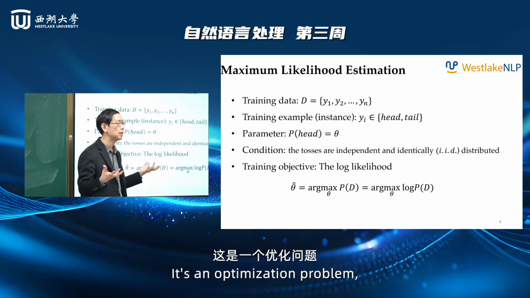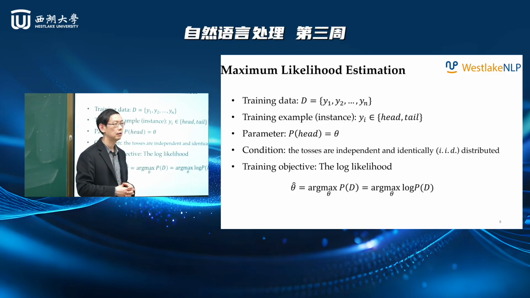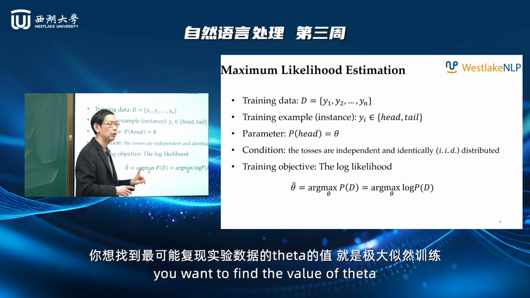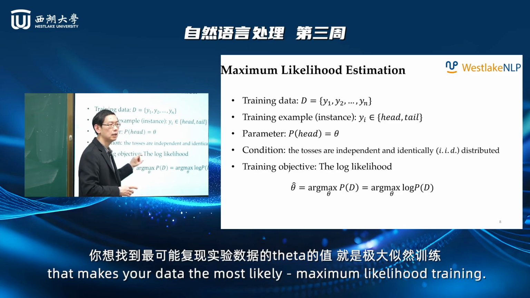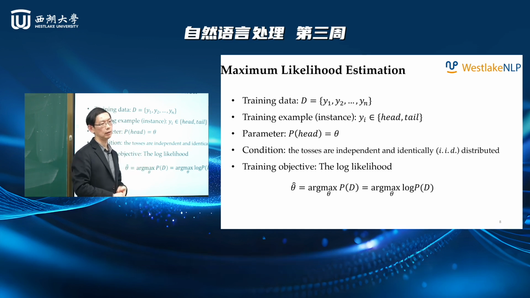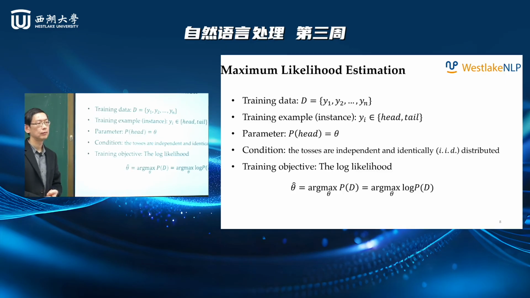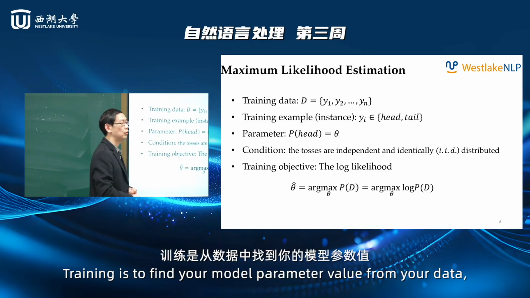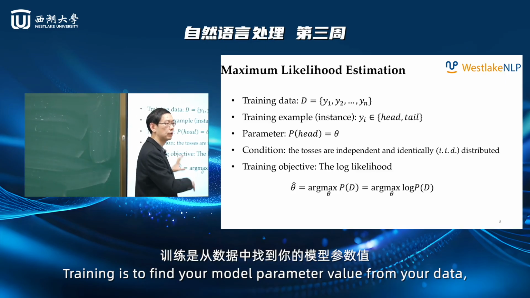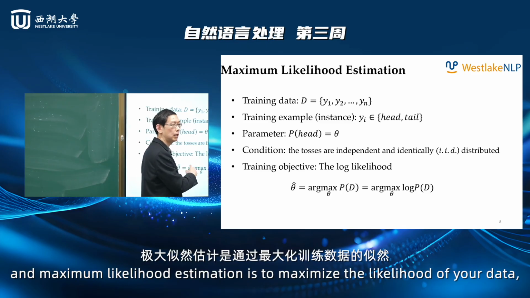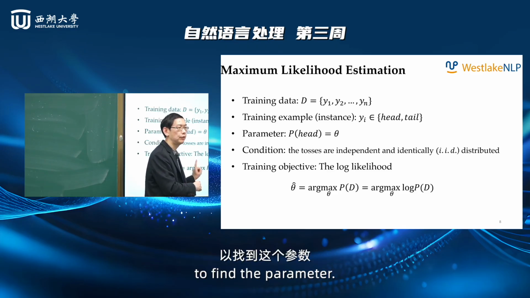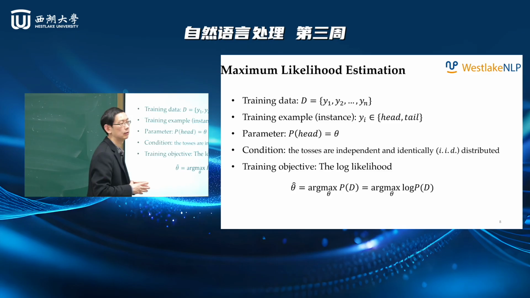It's an optimization problem. You want to find the value of your theta that makes your data the most likely. That is maximum likelihood training. Training is to find your model parameter value from your data, and maximum likelihood estimation is to maximize the likelihood of your data to find the parameter.